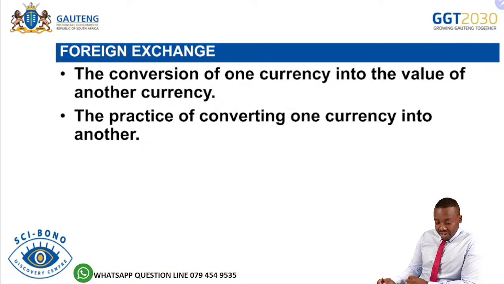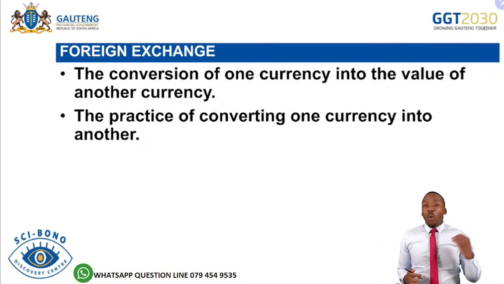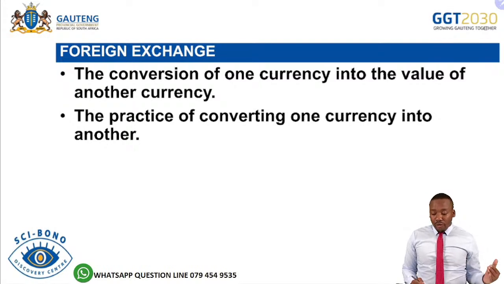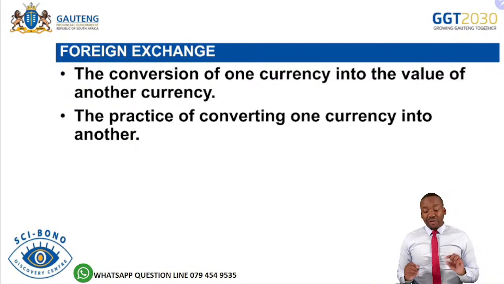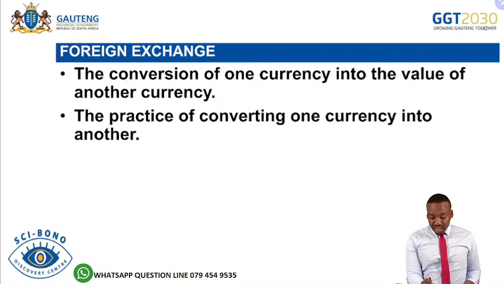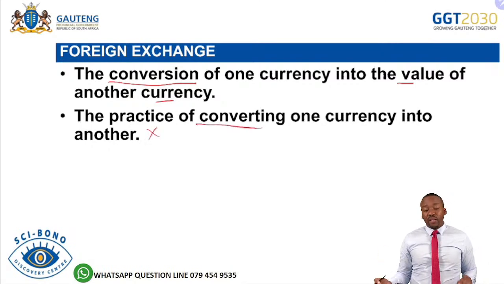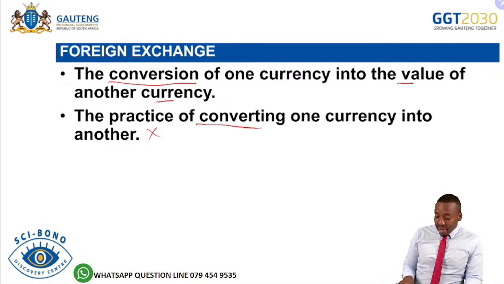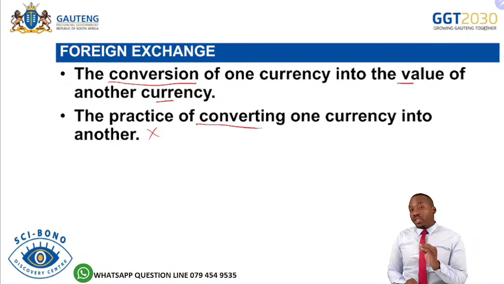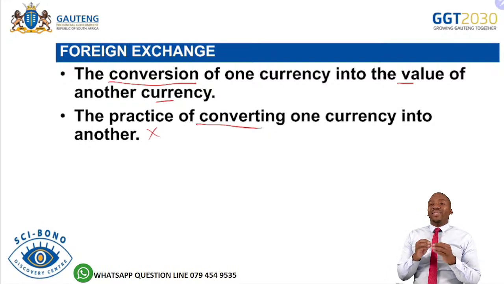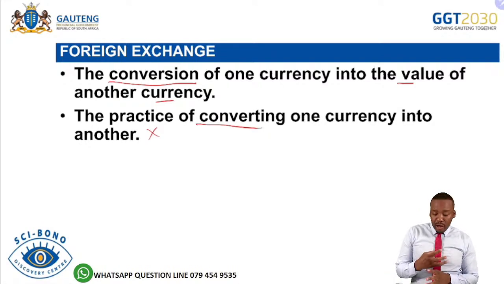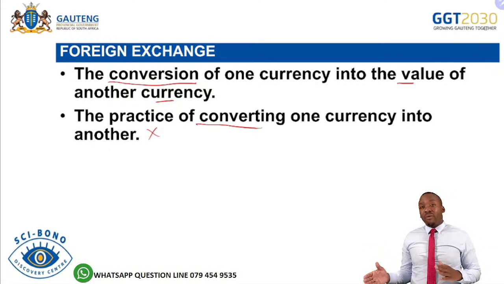Foreign exchange is the conversion. So when we convert those currencies, what do we call that? It is the conversion of one currency into the value of another currency. It is a practice of converting one currency into another currency. Remember, at the Johannesburg Stock Exchange, we said to you currencies fluctuate second by second, and immediately when the market closes, this information is given to the banks every day.